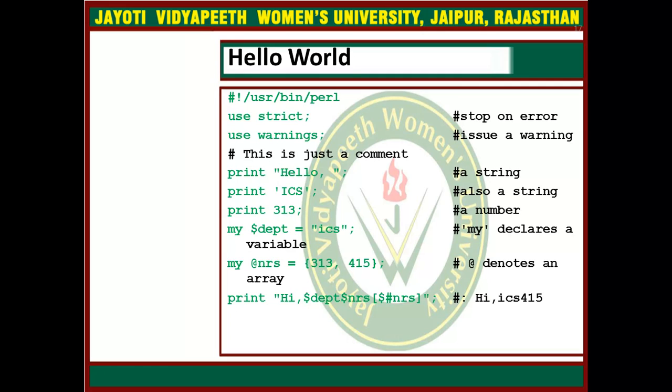So the hash is a string, and the next string is print ICS, also a string, and print 313, it is a number. The next is my another department ICS. Here we declare a variable. Then comes my %NRS, means this denotes a hash, and the last is print hi department NRS, means here this hi is printed.